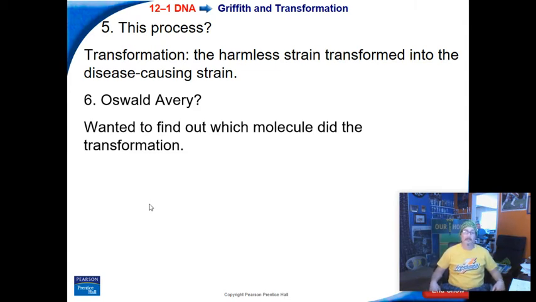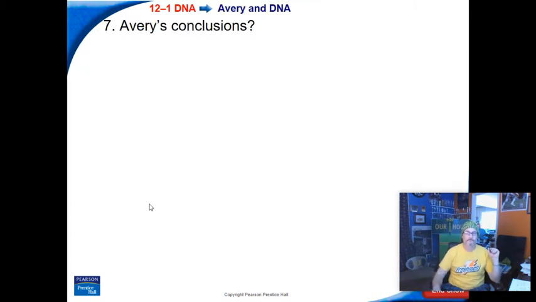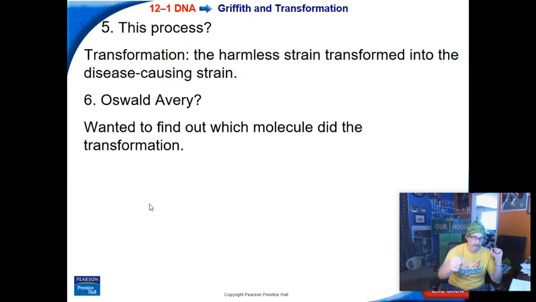But just simply know that Avery was interested in knowing which molecule was involved in transformation. And the two camps were, it's either proteins, because proteins are really, really complex, or it's DNA, because DNA is really, really complex. So it had to be one of them. Moving ahead.